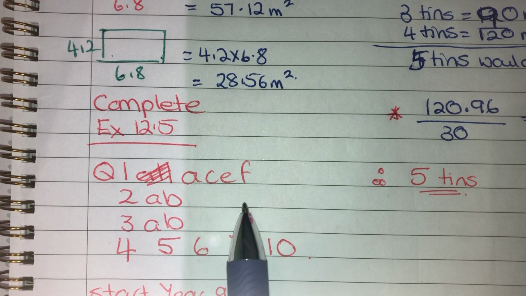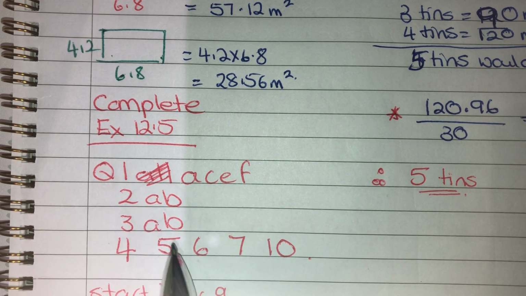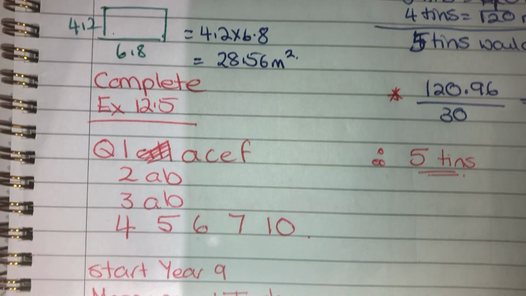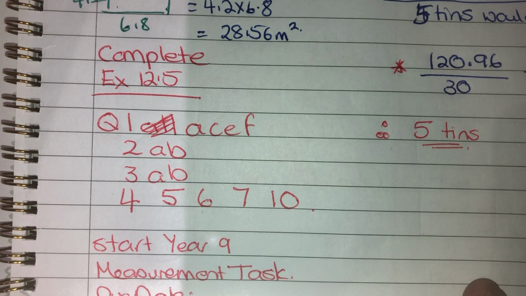Now, there's not a lot to do, so I really want you to do all of these. These are just one question each. All right, so it looks like you've got about a dozen questions to do. Most of you are able to do them in like 20, 30 minutes, which is good for the whole period. And then I want you to start your measurement task, okay?